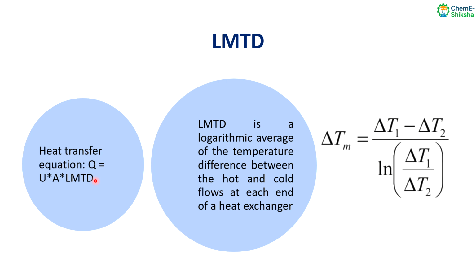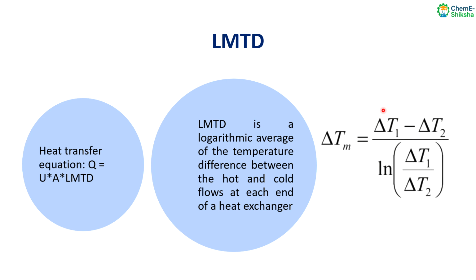It is the logarithmic average of the temperature difference between the hot and cold fluids in the heat exchanger. So the delta TLM, the LMTD, is equal to delta T1 minus delta T2 divided by ln of delta T1 by delta T2. Now this is okay, but why this LMTD?